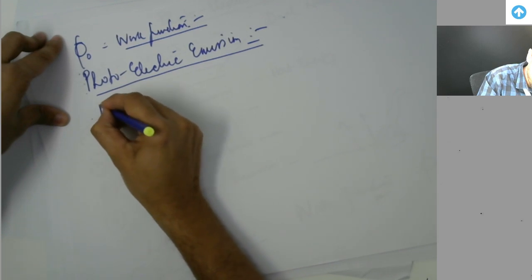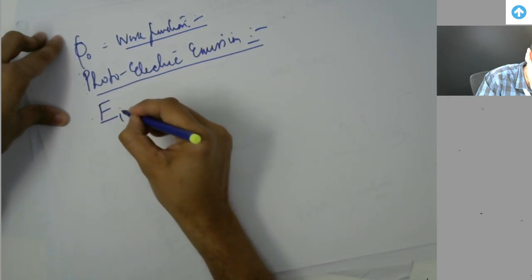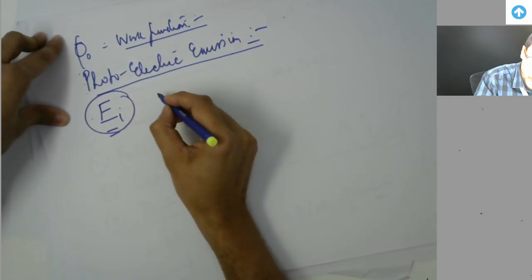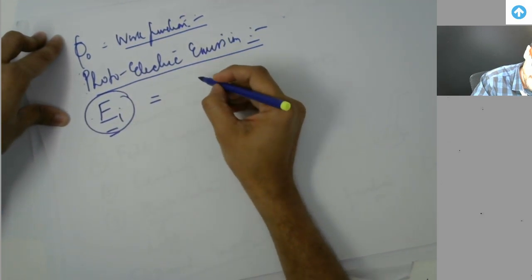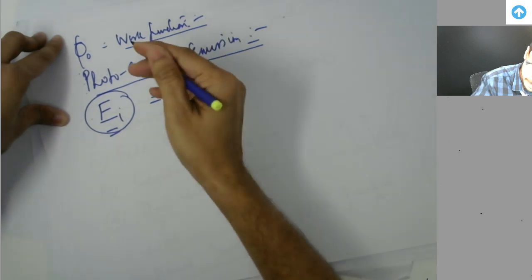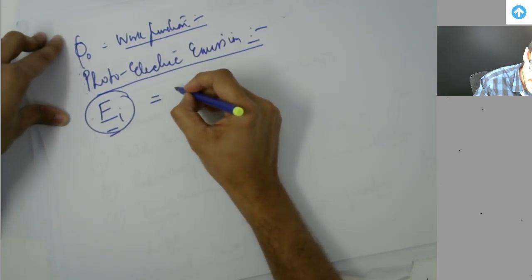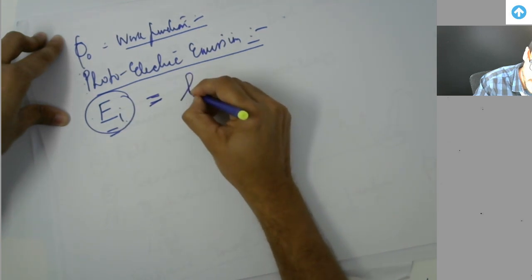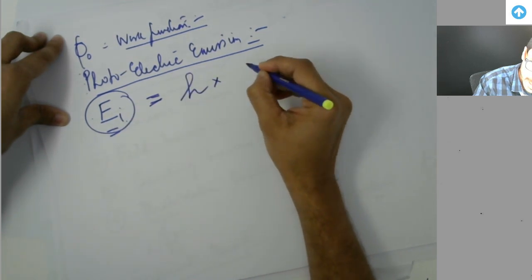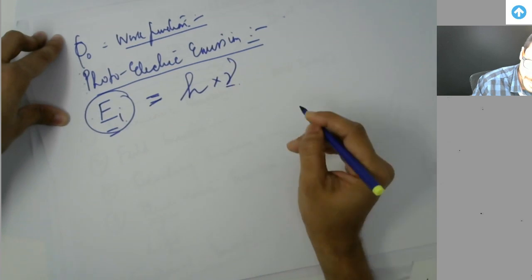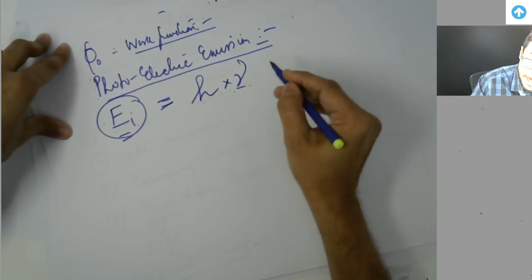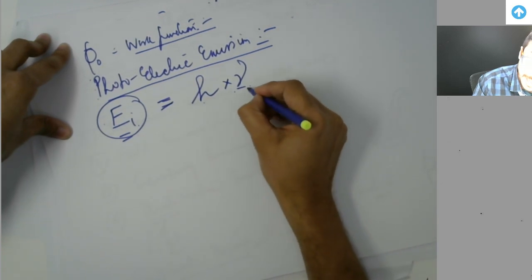Now, suppose the energy of incident radiation is EI. You have already studied from the modern physics part 1 that the energy of an incident radiation can be written as Planck's constant times the frequency. It is h into nu, so EI equals h nu.